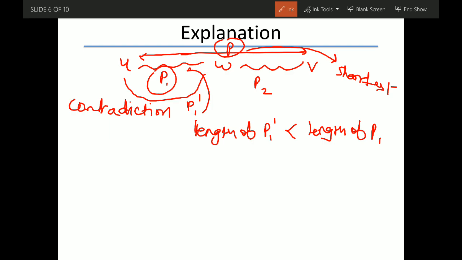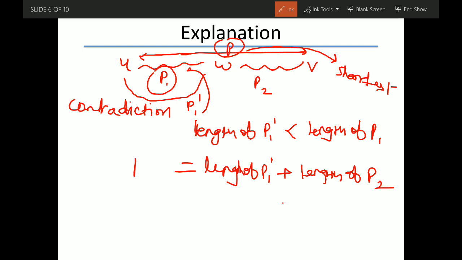So the overall path from U to V will have length of P1 dash plus length of P2, and let's call this new path P dash.